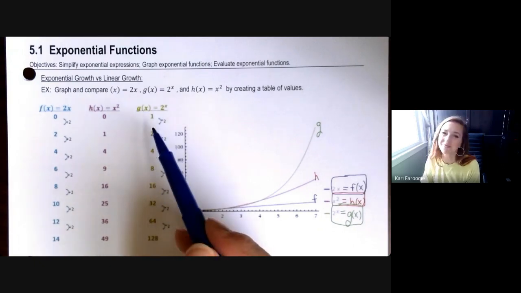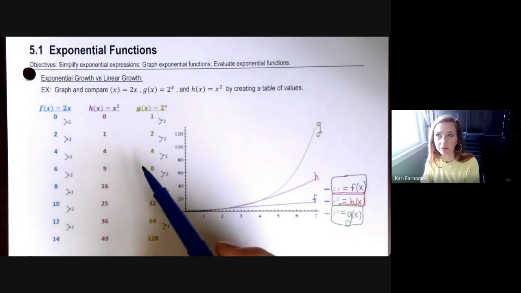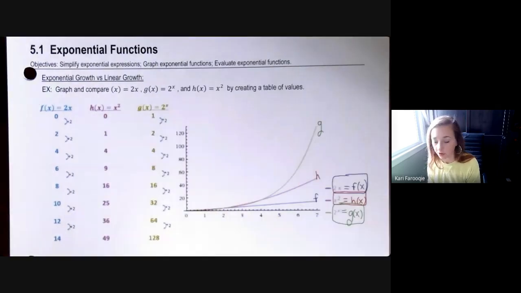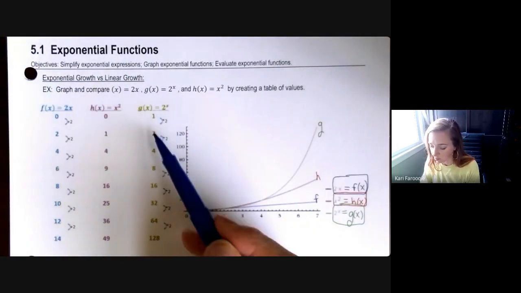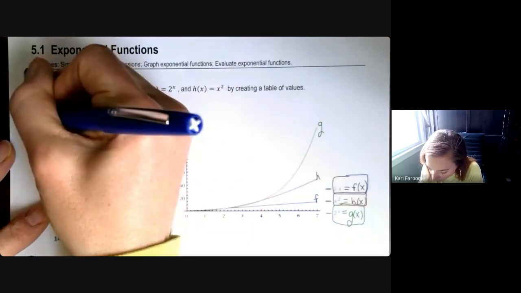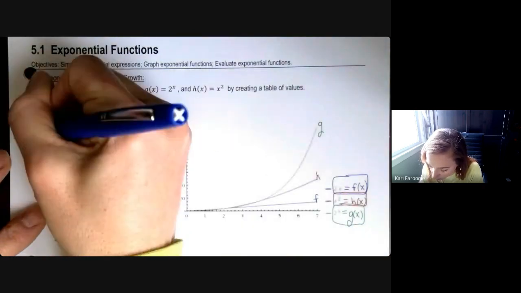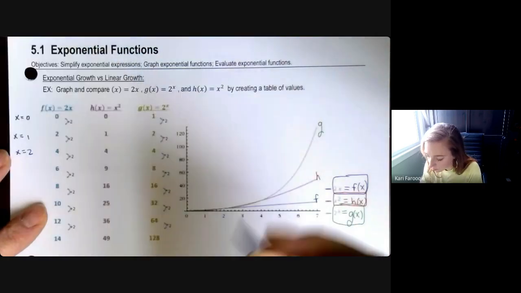Oh, you know what? I forgot 2 to the 0. Any real number to the 0 power is 1. That's where this 1 comes from. So 2 to the 0 was 1. 2 to the first is 2. Maybe I should put these x values here. So x equals 0, x equals 1, x equals 2, so on and so forth.